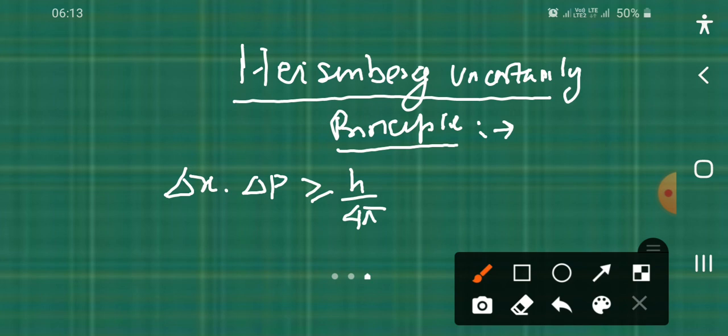In other words, we can say that the product of uncertainty in position, that is del x, and uncertainty in momentum, that is del p, will be greater than or equal to h by 4 pi.